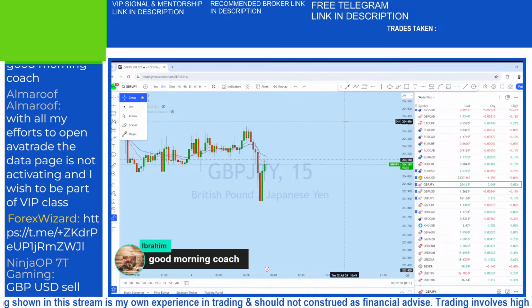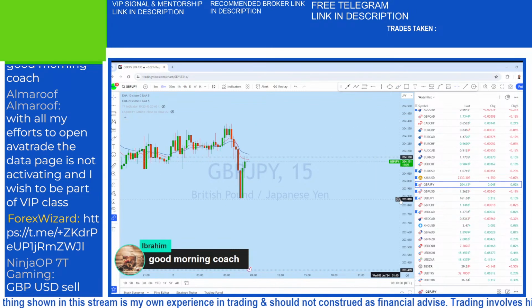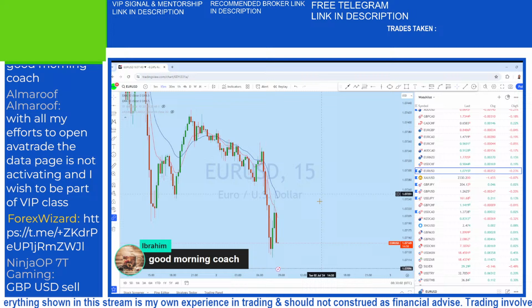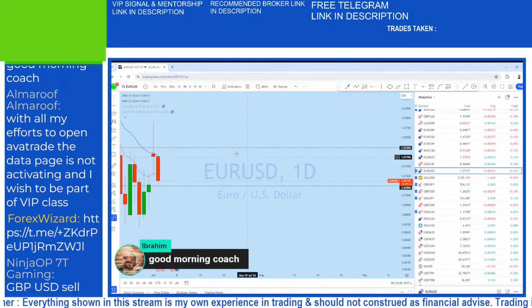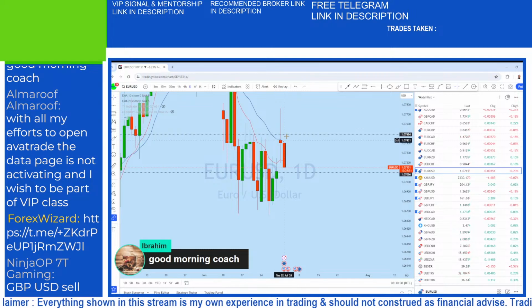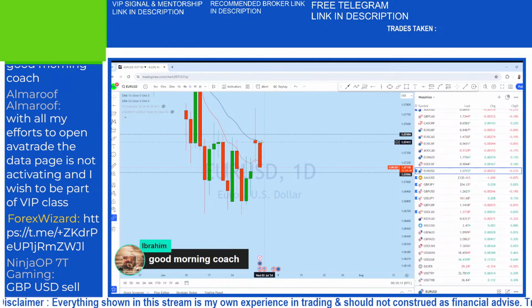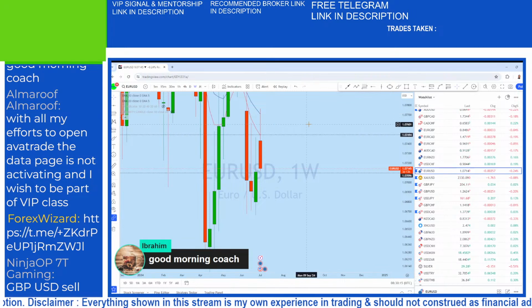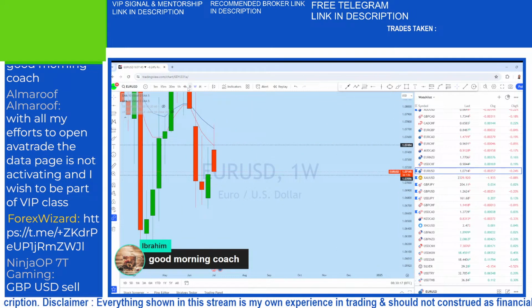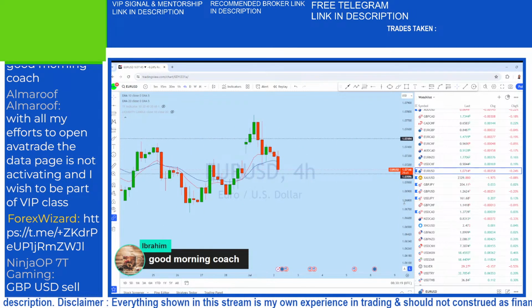So I will also quickly be looking at the Euro USD. Let's see if there is an opportunity on Euro. From the daily, after the previous daily, you can see there's a daily candle. Let's look at the weekly. I think we might see some opportunity coming up on Euro.